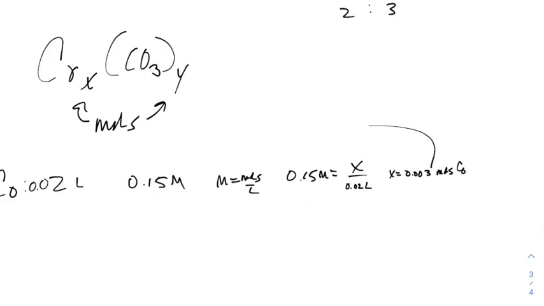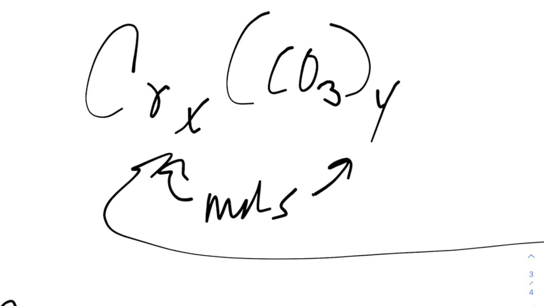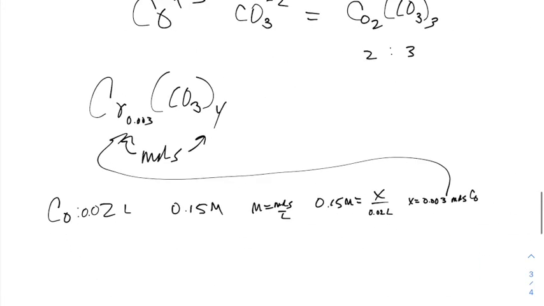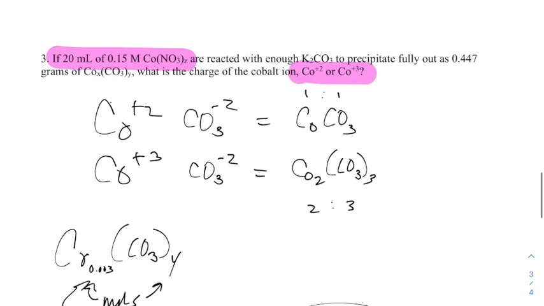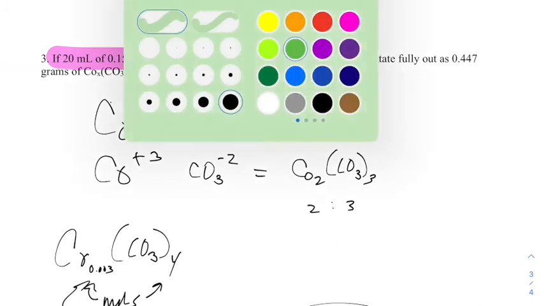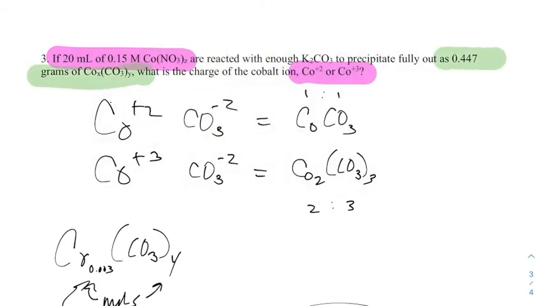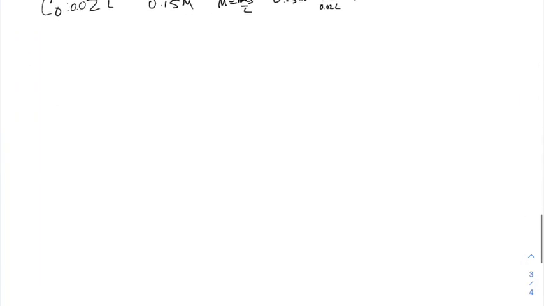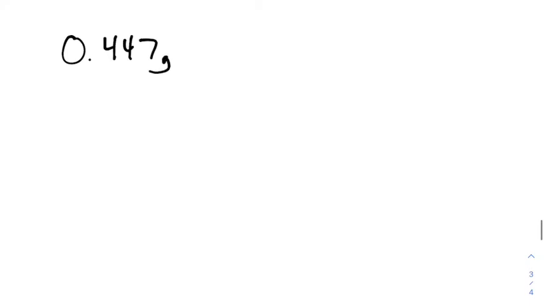I can take that and put it directly into my equation over here because I now know the moles of the cobalt. So this is 0.003. All I need to know is that Y, and I'm in good shape. What did they give us? They gave us 0.447 grams of the cobalt carbonate.